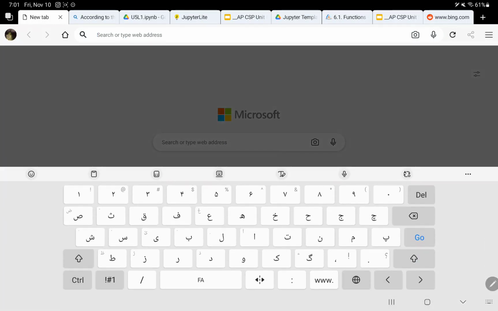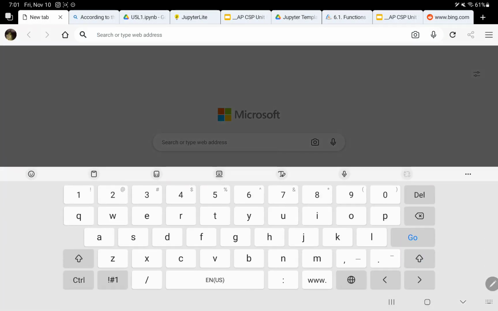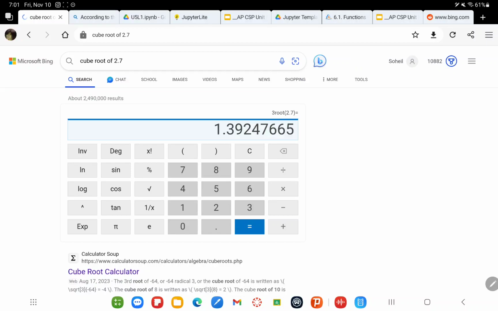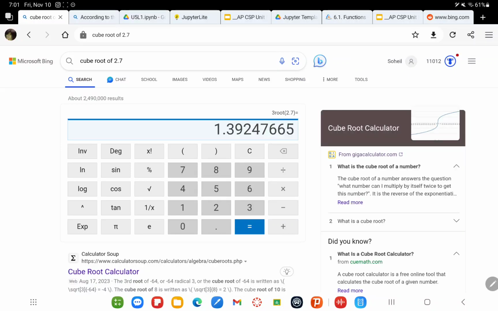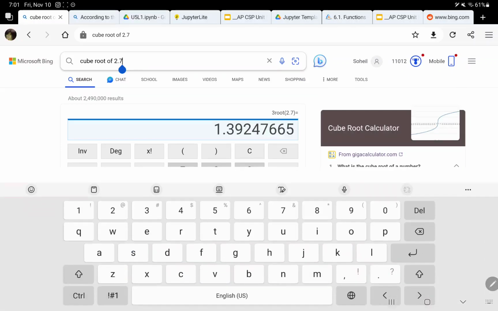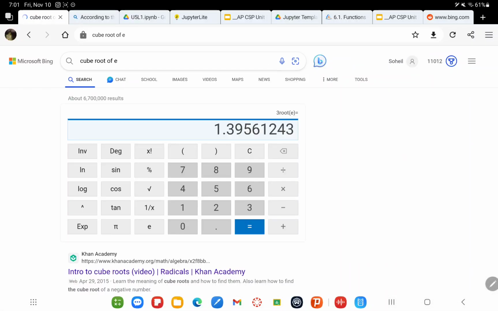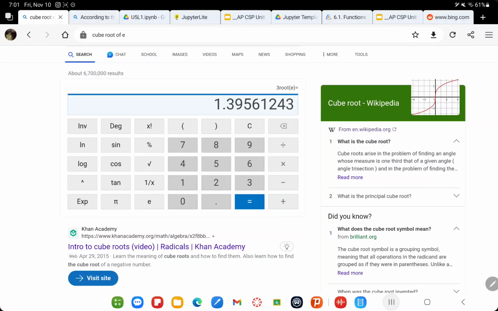Cube root of 2.7. That's the cube root of e though. Wow, that is quite confusing.